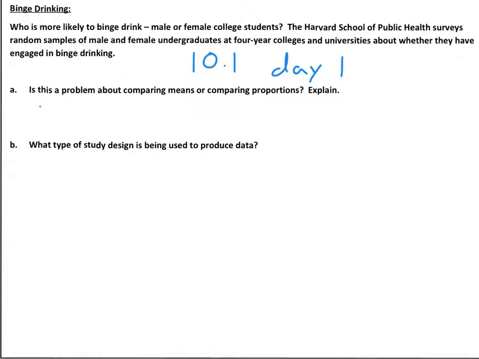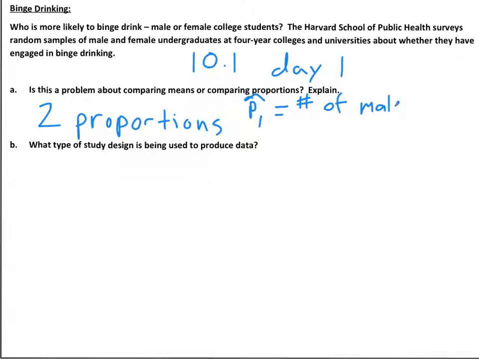Notice in this first context, the problem is describing gathering data on 2 proportions. Okay? The first sample proportion that they would get, let's call it the number of male bingers.